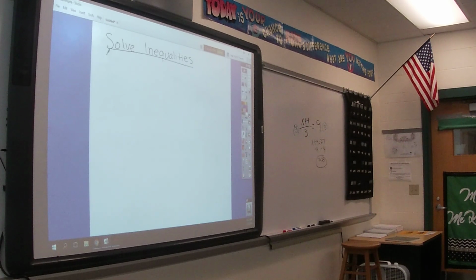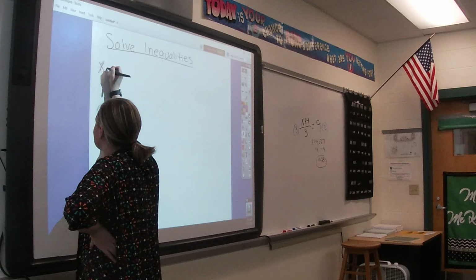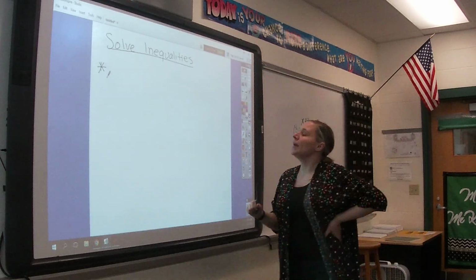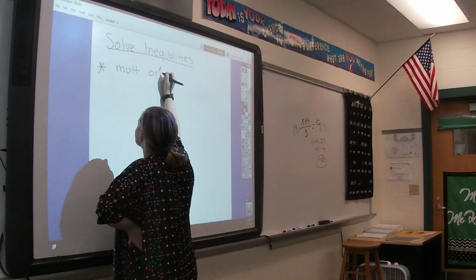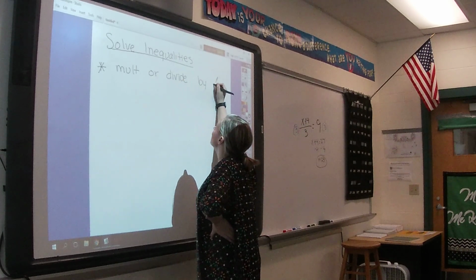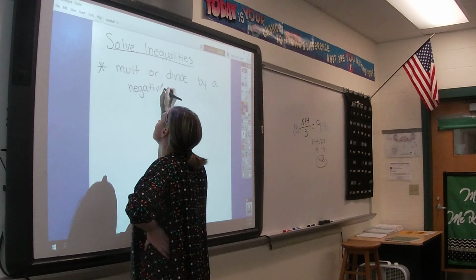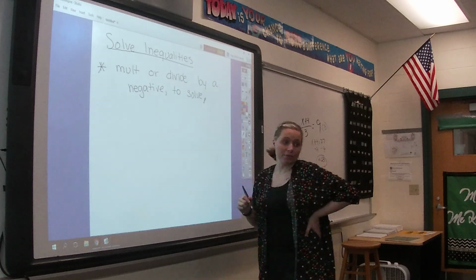Bad side of it is there's one small piece that's different, and if you forget to do that one small piece, it can be really annoying because then you keep missing the problems. The one small thing that is different is when we are solving inequalities, if we multiply or divide by a negative to solve.